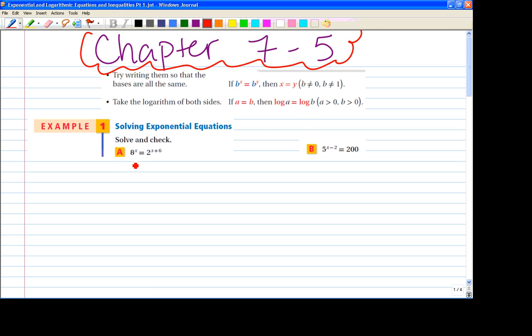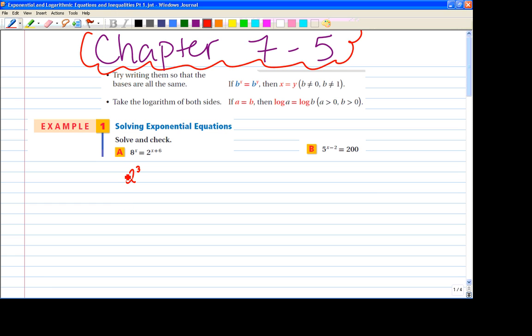Okay, so in example 1, I have 8 to the x equals 2 to the x plus 6. Right now I don't have something that looks like b to the x equals b to the y because my bases are not the same. However, this 8 I can change into something that has a base of 2 because 8 is the same thing as 2 cubed.